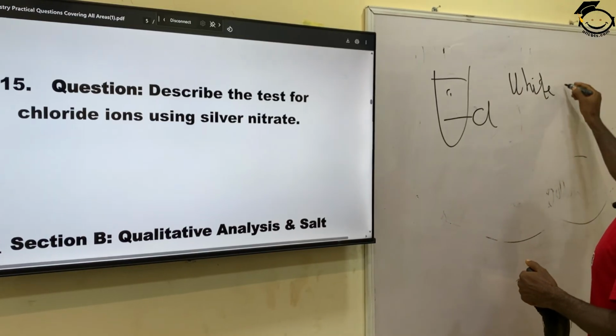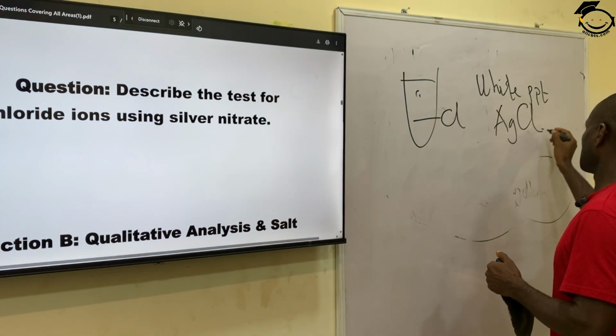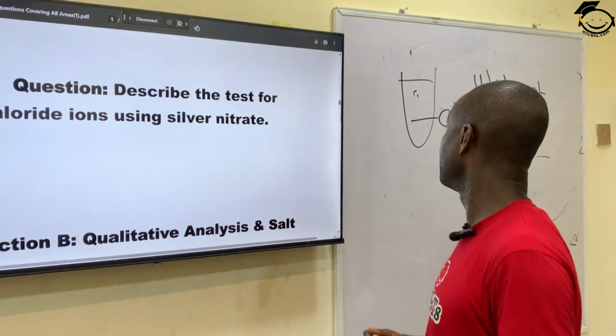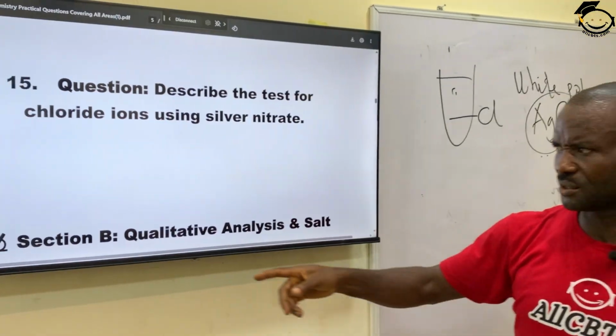A white precipitate will be given off, which is silver chloride.